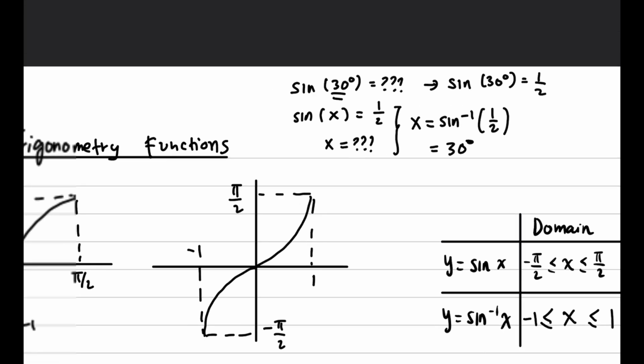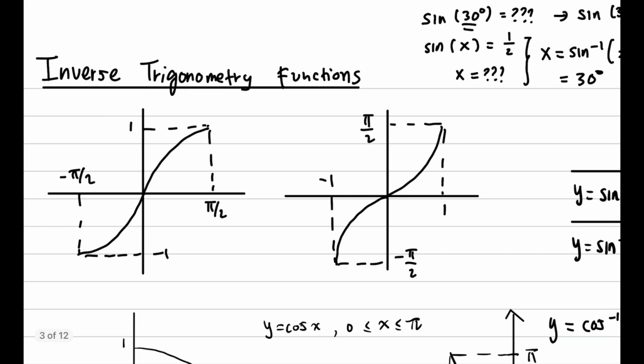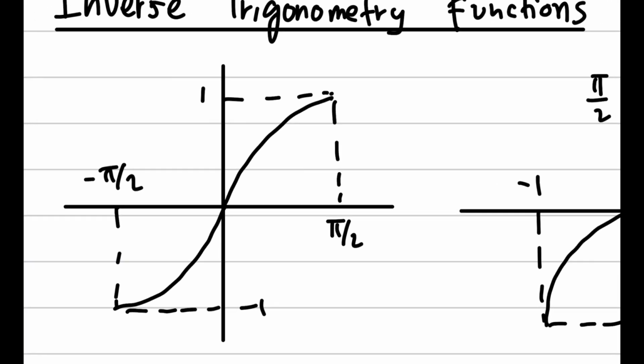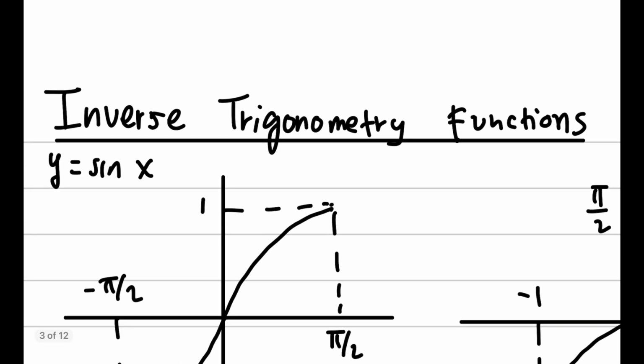Now, let's see the functions of inverse trigonometry. We have 3. The first one is sine inverse x. So this is our y equals sine x. Now, recall that an inverse function exists if the original function is one-to-one.